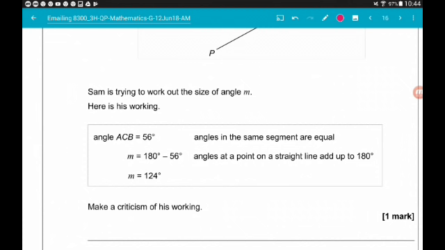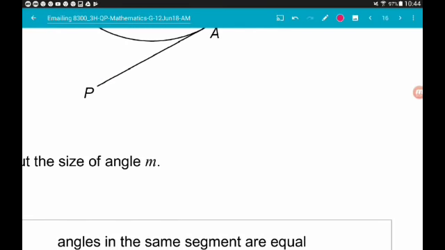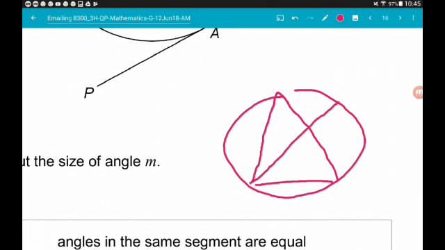So he's saying the angle ACB is 56 degrees. And then he's saying angles in the same segment are equal. Now we can stop right there. That is his mistake. Angles in the same segment are things like this.